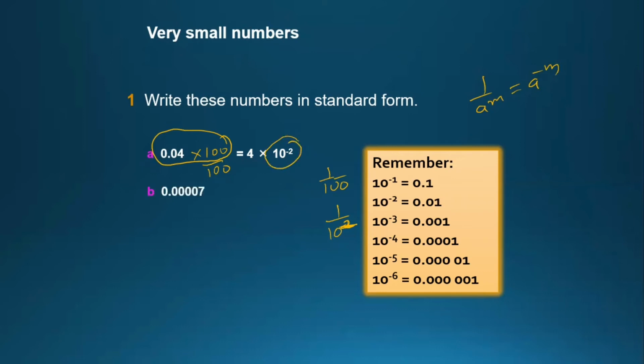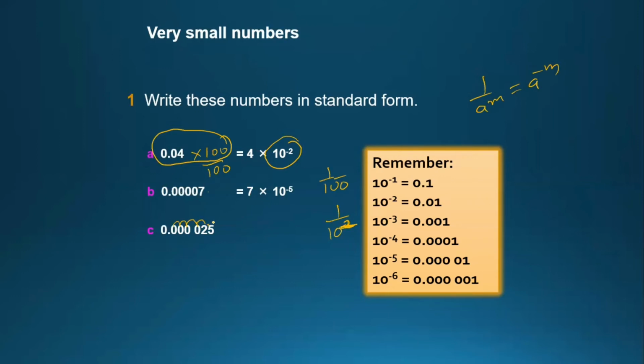So look here now for the next one. Just remember the trick. This is how I explained how it goes to have a whole number. So you have to shift the decimal over here. So how many places? 1, 2, 3, 4, 5. So this is going to be simply 7 into 10 to the power minus 5. Come on, next. Where will you shift the decimal? So the decimal has to shift 1, 2, 3, 4 and 5 places.